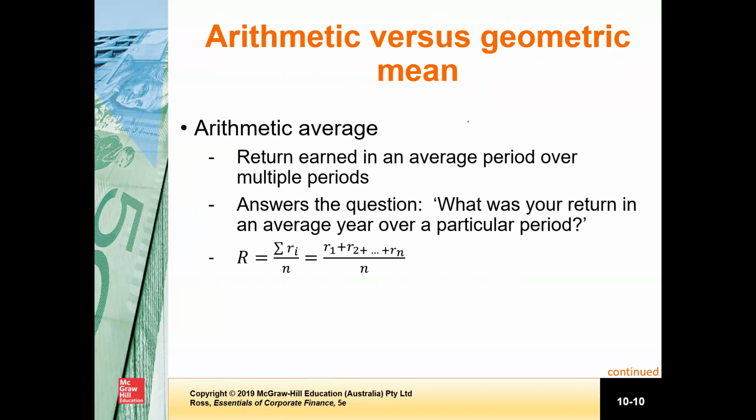Essentially there are two ways to calculate average. One is the arithmetic average, another is the geometric average. The simple average that we have discussed so far is an arithmetic average. You can see that the arithmetic average is calculated as the sum of all individual returns divided by the number of observations.